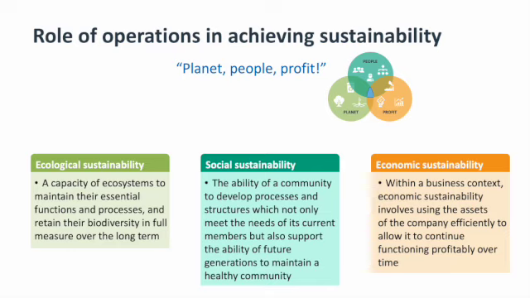Economic sustainability would be, within a business context, using the assets of the company efficiently to allow it to continue functioning profitably over time. So again, efficiency is a word mentioned a lot in operations management.